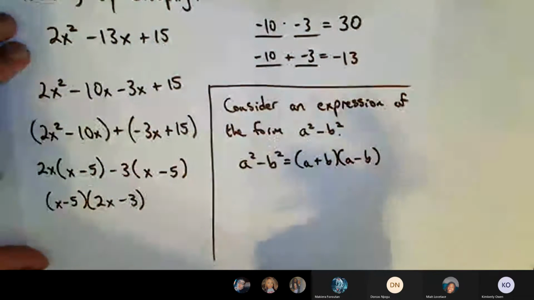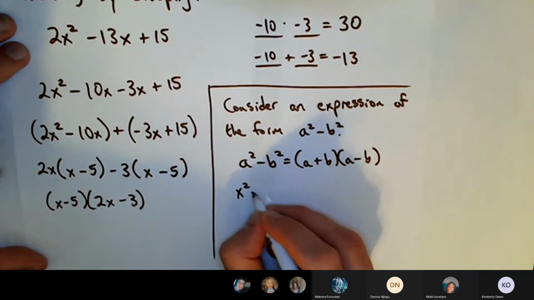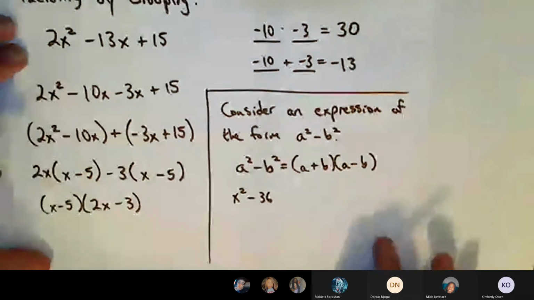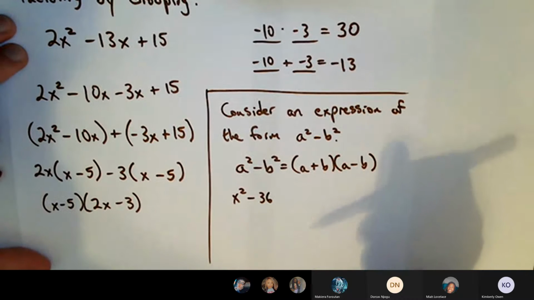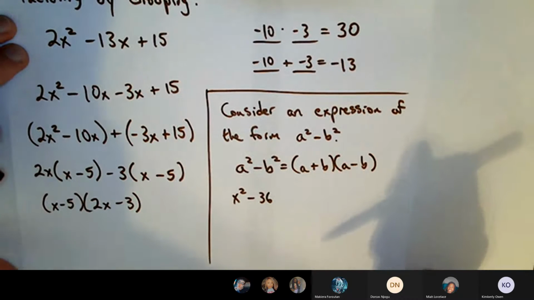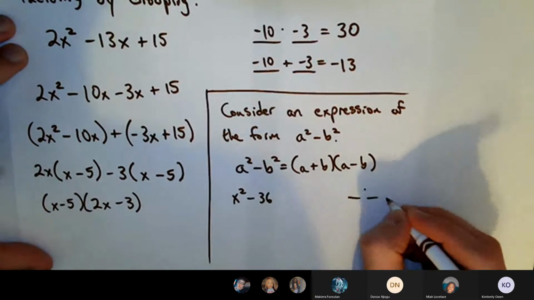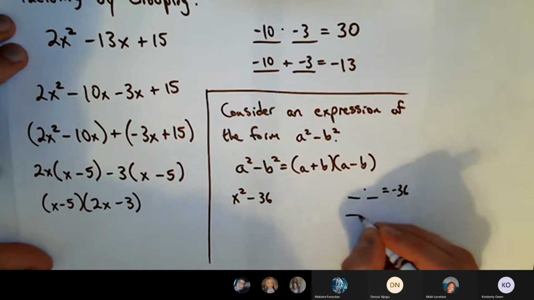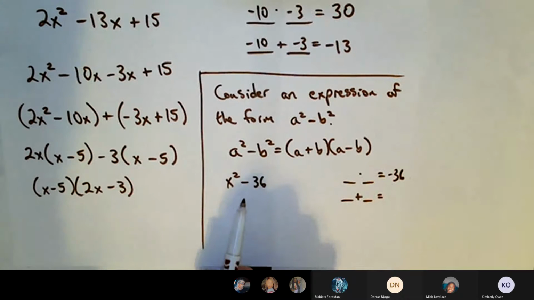Well, consider x squared minus 36. What if we just tried to factor it with our little chart, the way you would factor the very first things I gave you, like x squared plus 7x plus 12. So you set up your little chart, you say the constant term goes here, but what is the linear term? What is that central term, the term attached to x?